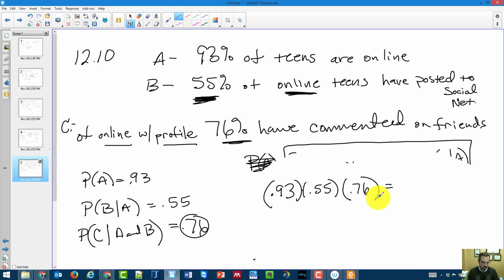And the result is 0.39, so 39%. So 39% of online teens have posted to a social network and commented on a friend's blog.